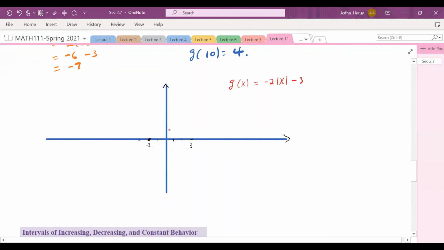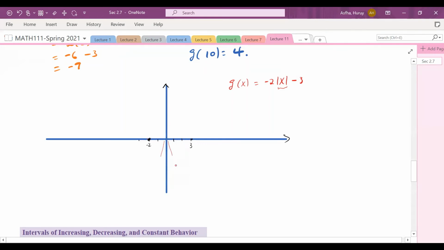We know how to transform functions, right? The graph of the function: if we take this as a parent function, it opens upwards like this one. But now here we have a negative, so it opens downwards. And then we have the 2. When we multiply it by 2, it shrinks.